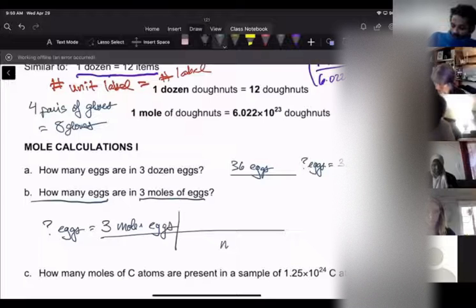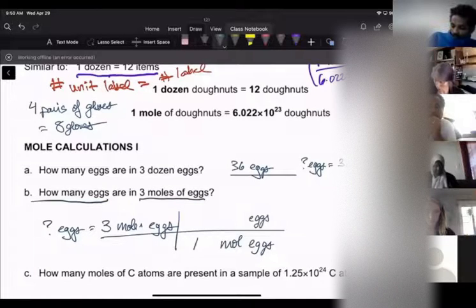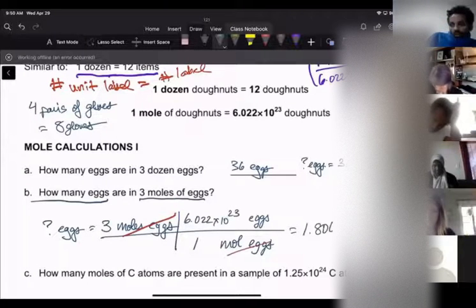I need to get rid of a mole of eggs, and I'm just going to go to eggs. So 1 mole, then the number goes on top. I'm not going to worry about significant figures right now because we're not going to count that many eggs. It's all theoretical in this.